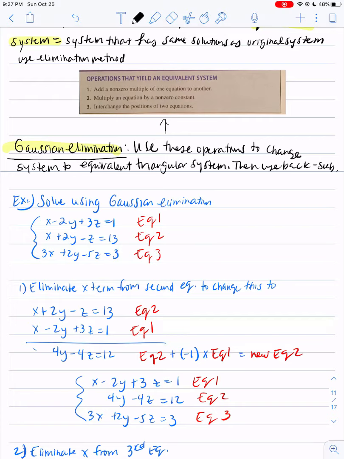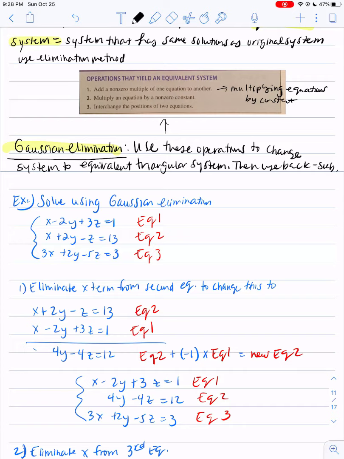Adding a non-zero multiple of an equation to another is just like multiplying equations by a constant. Then you add or subtract the equations, and you replace an equation by whatever you added or subtracted, and then you undo the multiplication for the equation that you had manipulated.